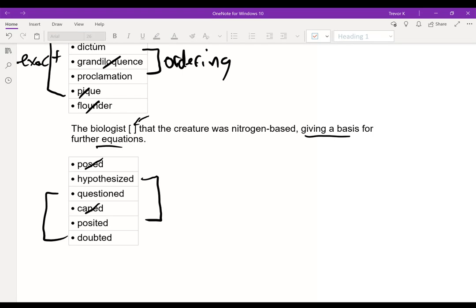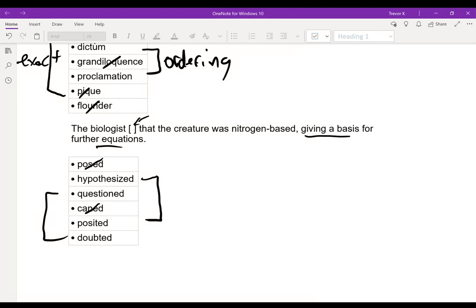So here we've got our blank. Questioned and doubted are actually pretty close to each other. But our issue is if the biologist questioned or doubted that the creature was nitrogen-based, why would that give a basis for further equations? It wouldn't, right? There's no basis if you doubt that it's nitrogen-based.